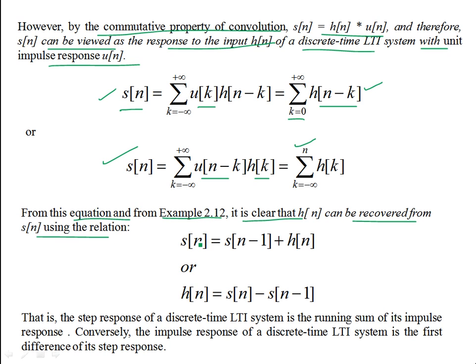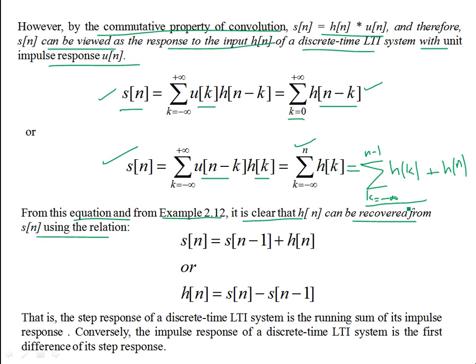So you see, you can bifurcate this summation like this. If I have the sum up to n minus 1, from k equal to minus infinity, of h[k], then the only sample I am leaving behind is h[n]. And what is the first summation?